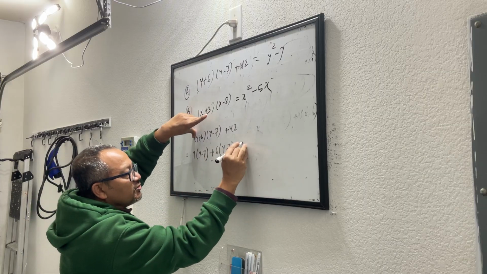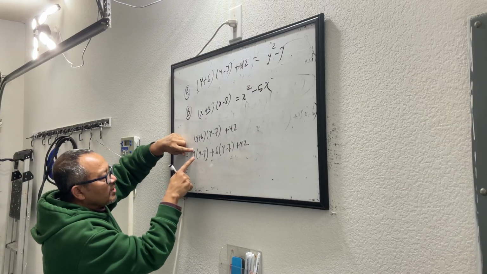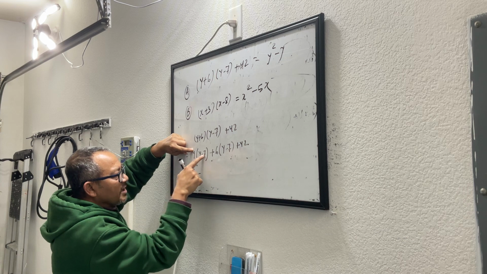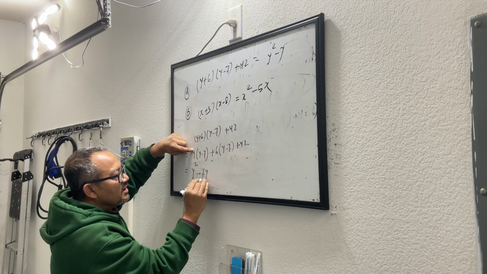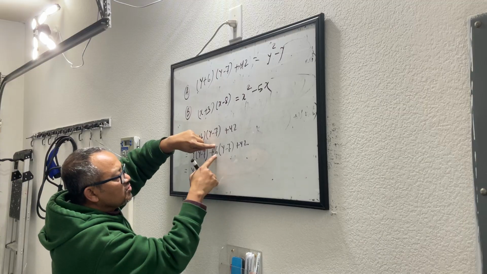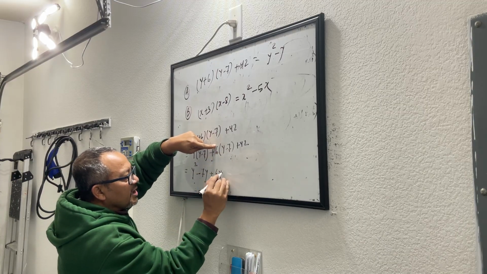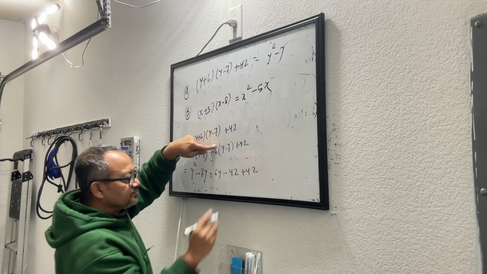Now I have 42 here. When I break this bracket open, y times y is y², y times -7 is -7y, plus 6 times y is 6y, plus 6 times -7 gives me -42, plus 42.